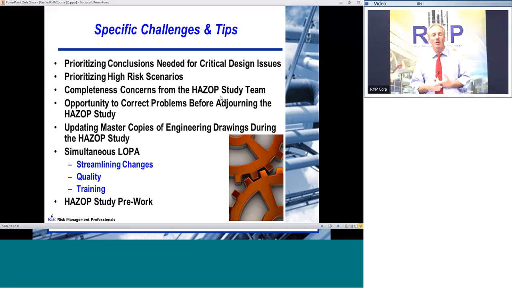You have an opportunity to correct problems before and during the HAZOP study. What we found to be very effective is everybody wants to go home at the end of the day and grab a beer or whatever they like to do in their personal life. All right? So if they can get things resolved on the spot, rather than get buried in paperwork or go through a long sign-off cycle to address action items, we've had a lot of success with that opportunity to resolve things on the spot.